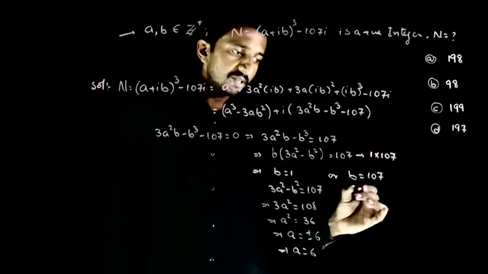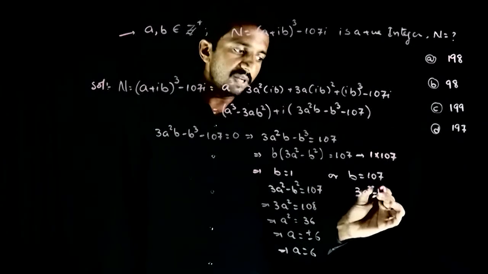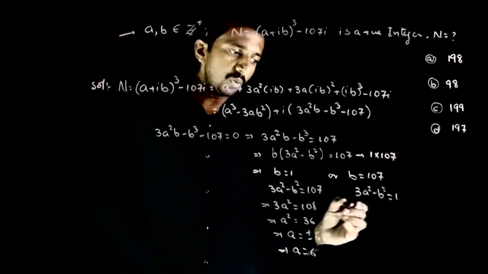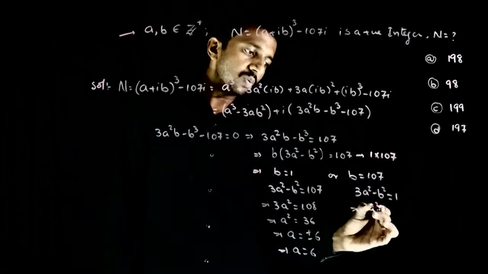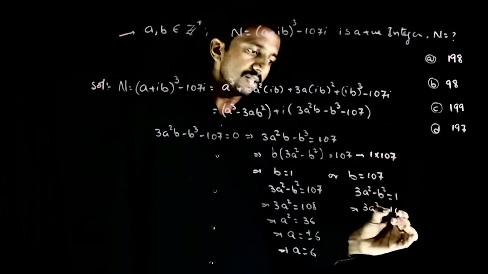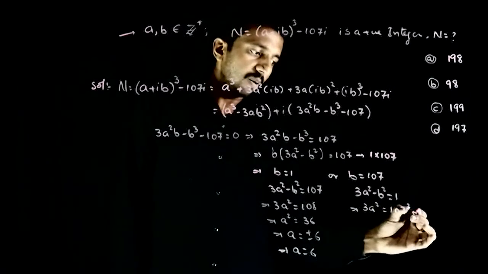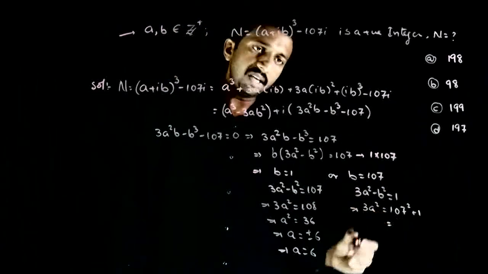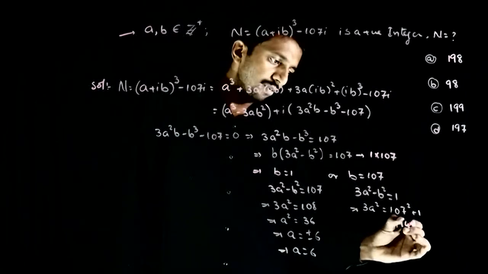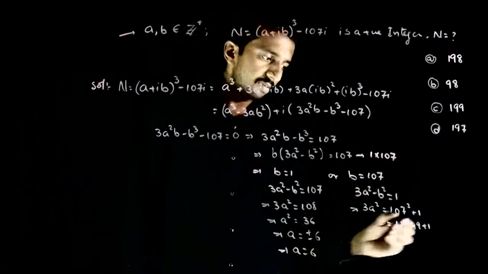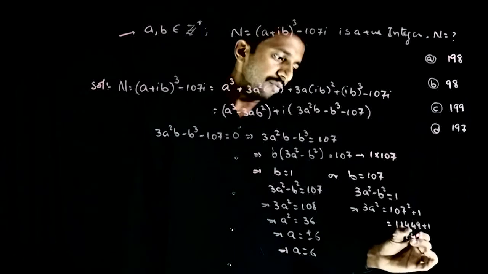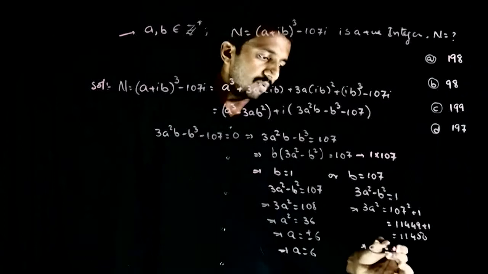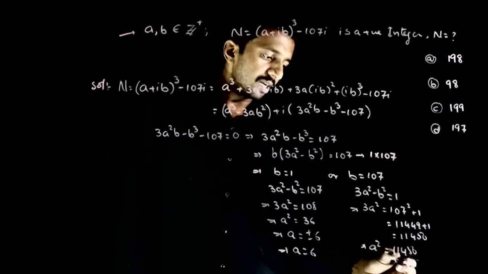Otherwise, if b is 107, then 3a square minus b square has to be equal to 1. This implies 3a square is equal to 107 whole square plus 1, that is 11449 plus 1, which is equal to 11450. This implies a square is equal to 11450 divided by 3.